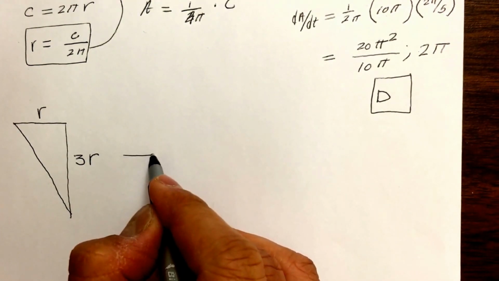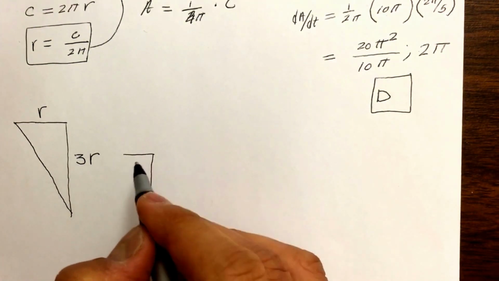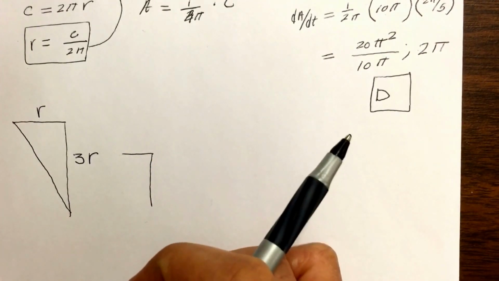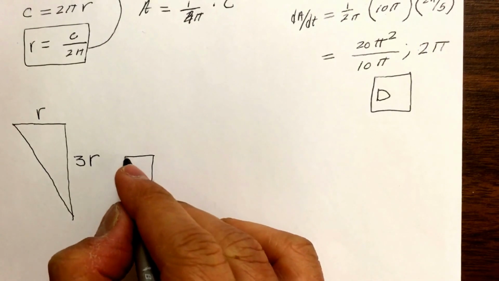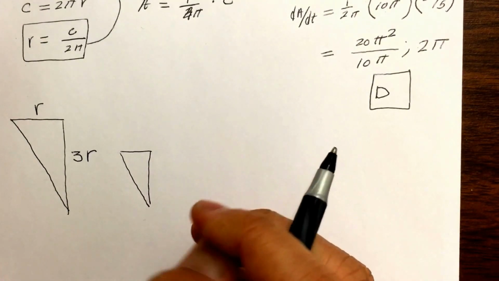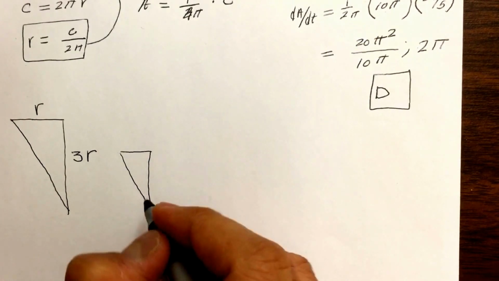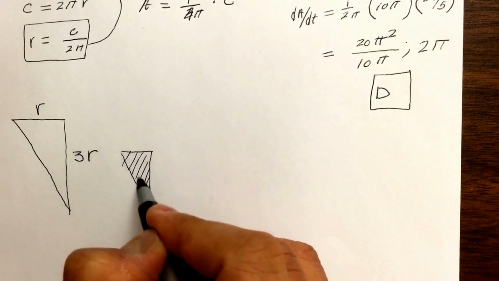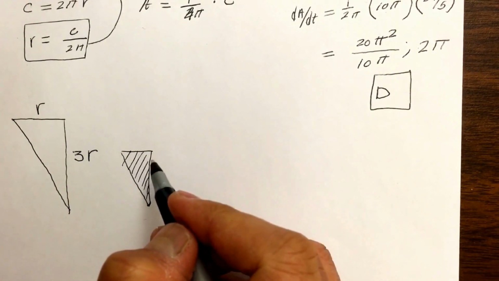And also notice that the water is leaving the tank, right? So this model represents the water that's left in the tank after so much has left.